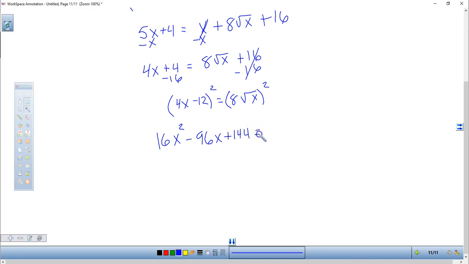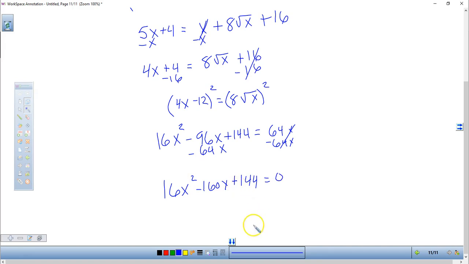This is what I was talking about with the big numbers. Here, I get 8 squared is 64, and then x. Got an x squared, get it equal to 0. I'm subtracting 64. So I get 16x squared minus 160x plus 144 equal to 0.